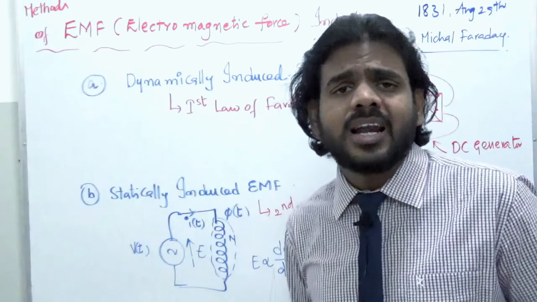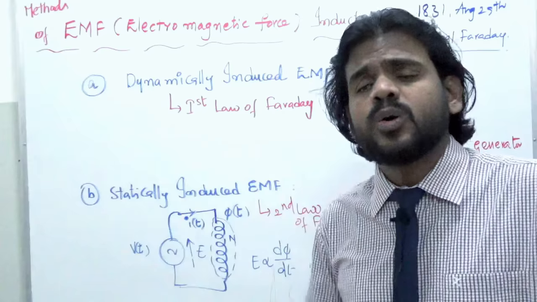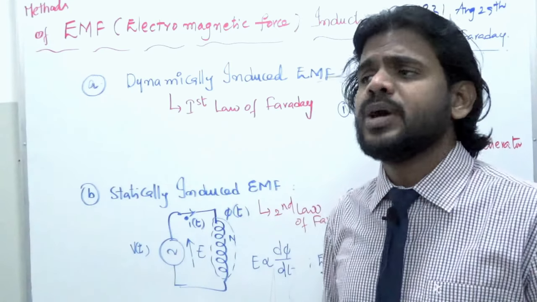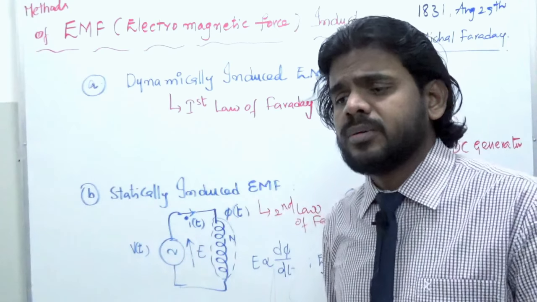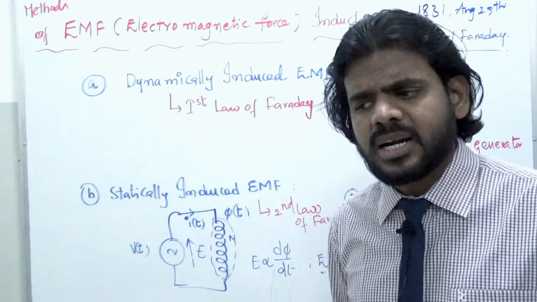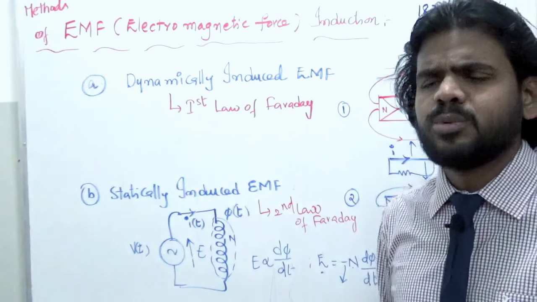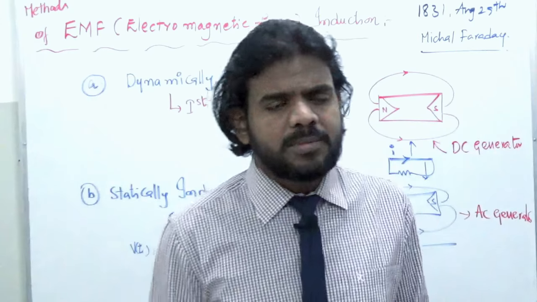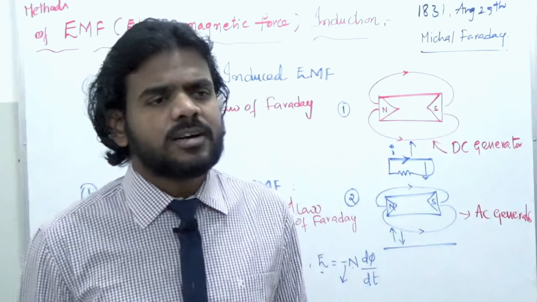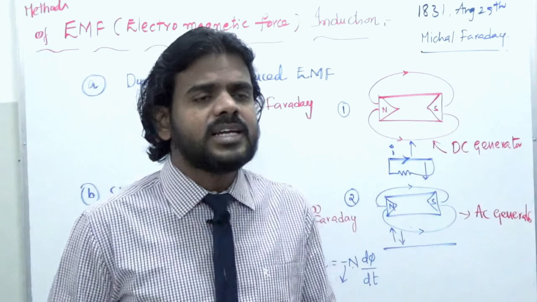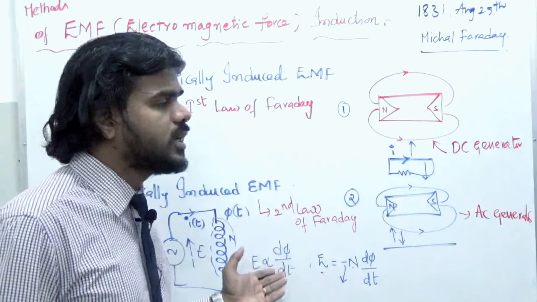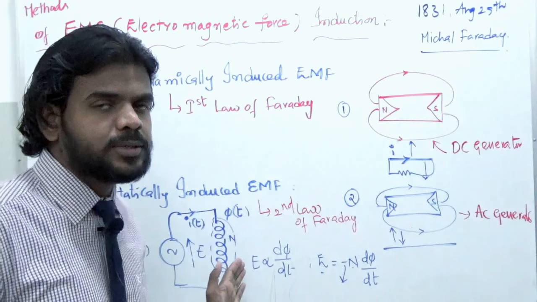Static machines are like all the transformers, auto transformers, where there is no dynamics. Generally we use it in transformers, with primary winding and secondary winding, and primary and secondary EMF inductions are also based on the statically induced EMF method.